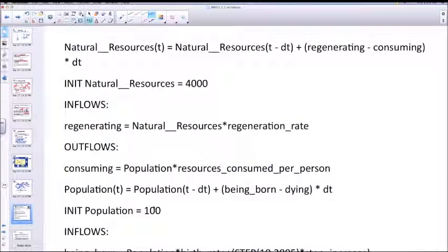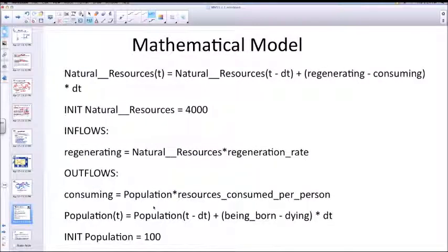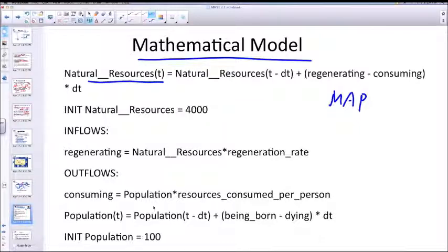I don't need to. Well, now you look at the mathematics model. The last layer, we talked about the interface, conceptual model. Instead, we call it a map. And then the mathematics model in icon. And then the last one, mathematics model in equation. Pretty simple. Look, the natural resource right now equals the natural resource a moment ago plus the change.